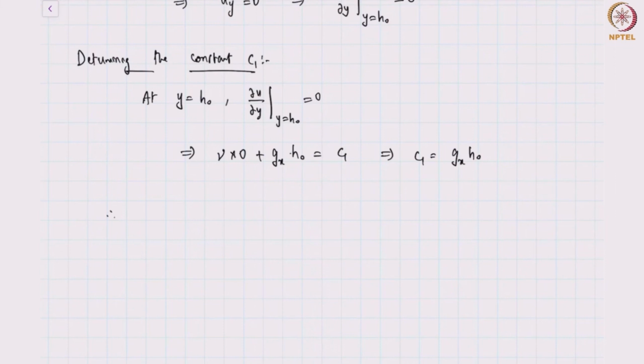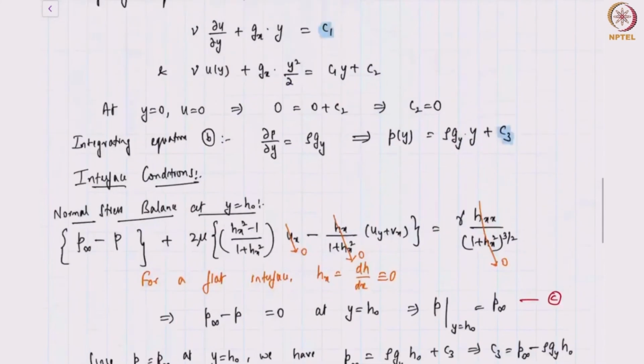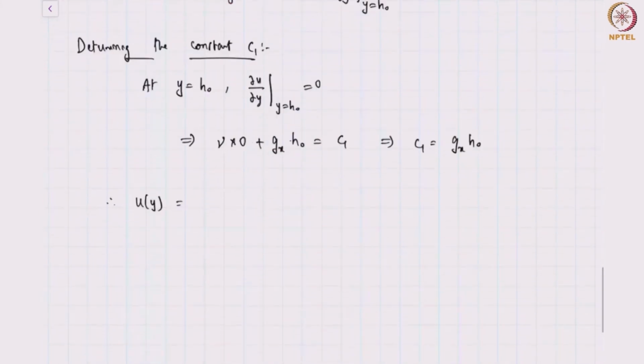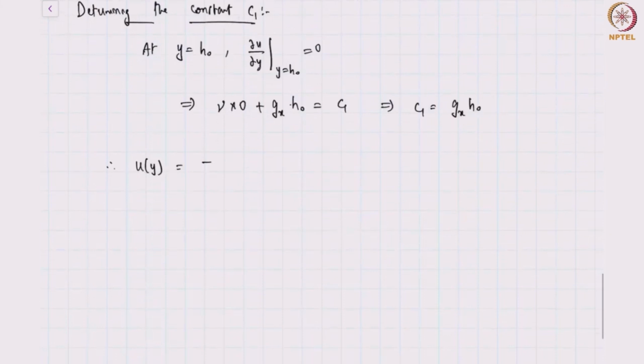Therefore the velocity profile that I now have, what is the velocity profile that I have here? If you substitute everything, you get minus gx by nu y square by 2 plus c1, that is gx into h naught times y.